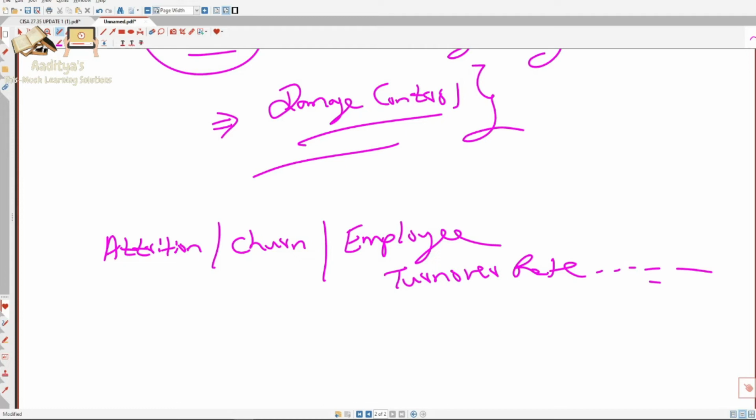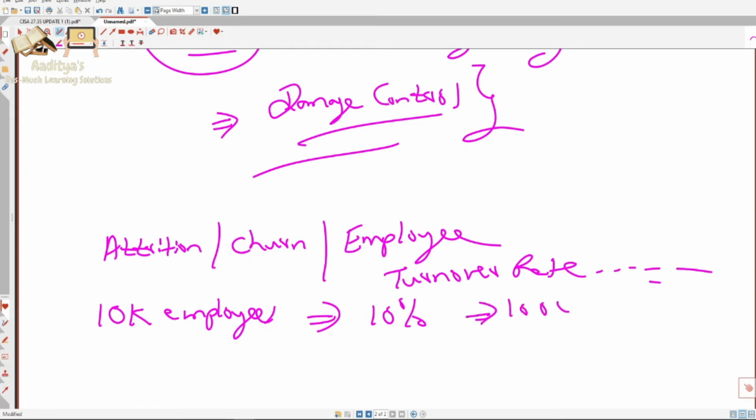Let's say, for example, we consider a company having 10,000 employees, and their attrition rate is maybe 10%. I'm taking a simple figure, I don't know whether it makes sense or not, but let me take this example. So 1,000 people have left the organization.